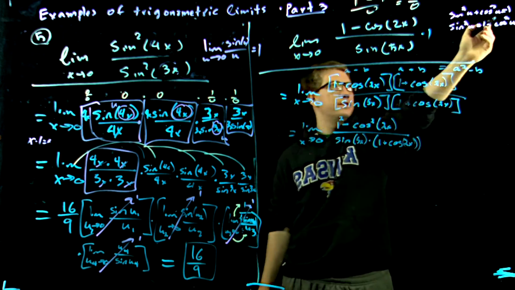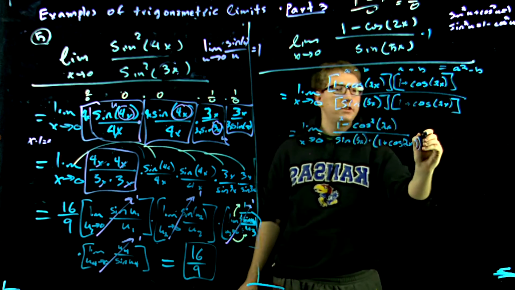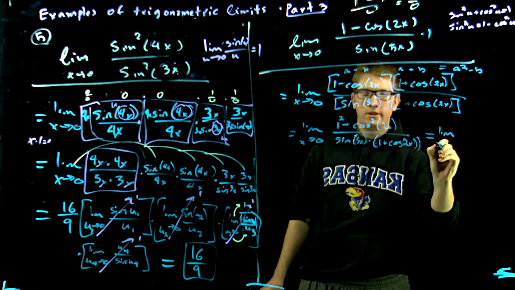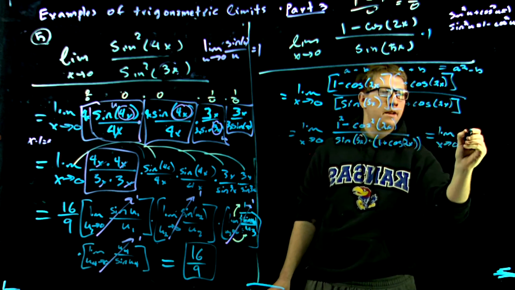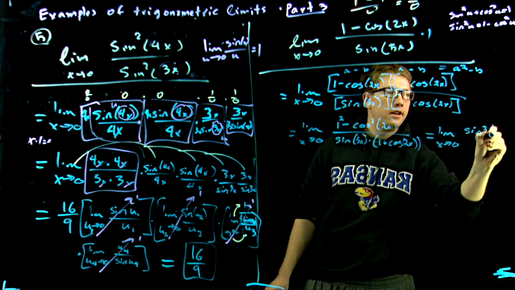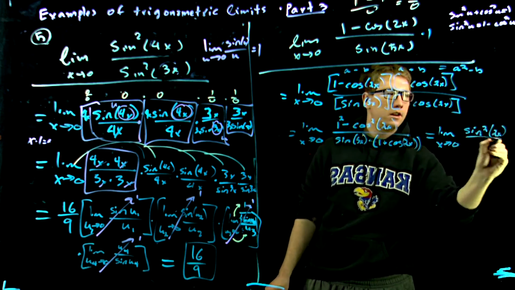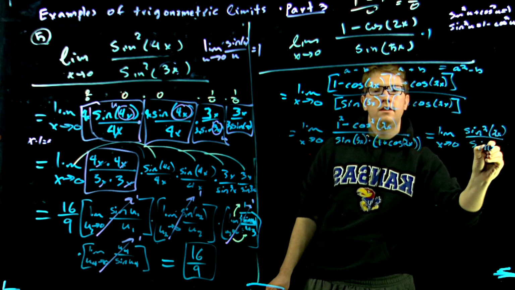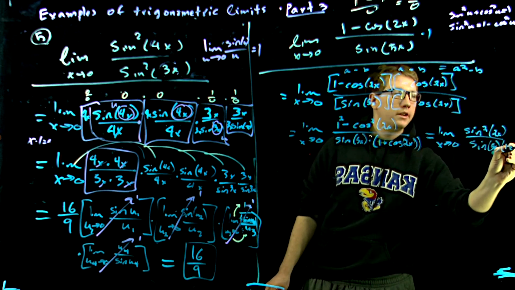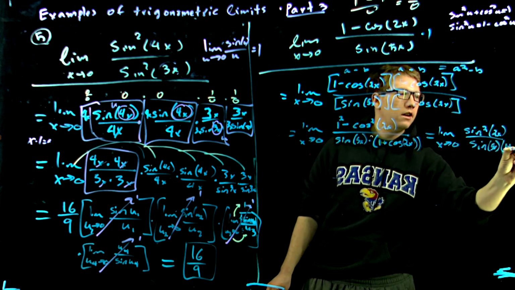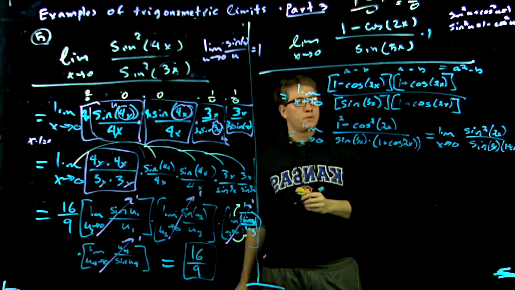And if you remember this identity I wrote up here, I could really just substitute in. Now this will look like the limit as x goes to 0 of sine squared of 2x over sine of 5x times 1 plus cosine of 2x.